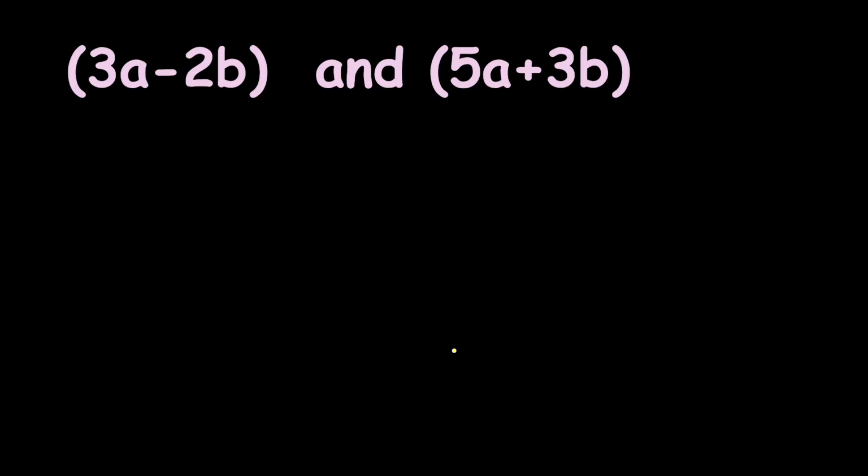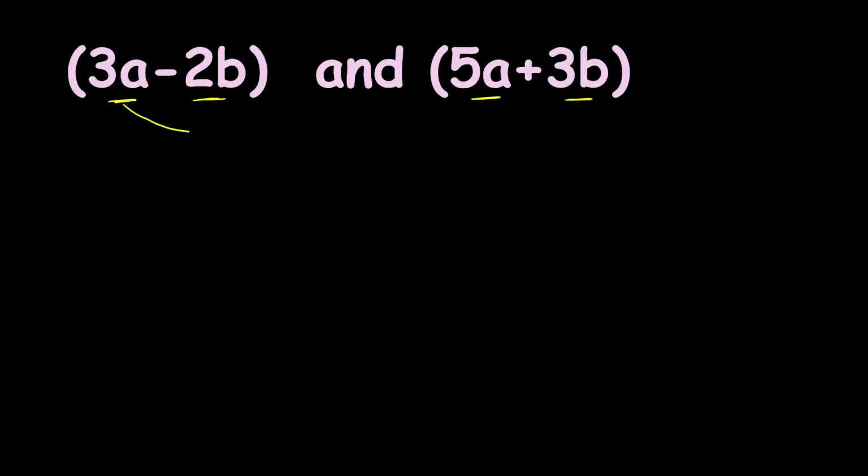Next, binomial by binomial. If we are multiplying a two-term expression by another two-term expression, then what is the product? How to find the product? 3a minus 2b and 5a plus 3b. That means each term of this expression must be multiplied with each term of the other expression.